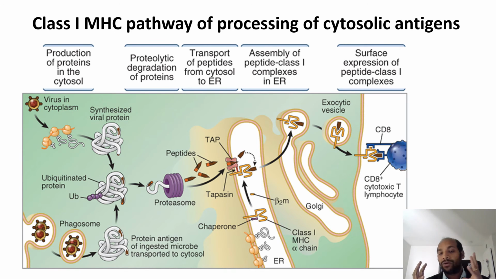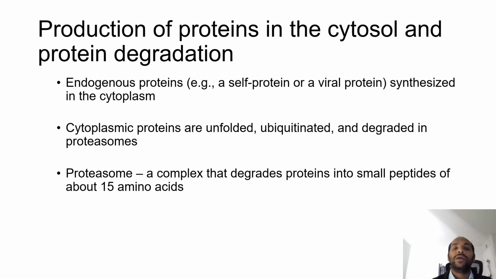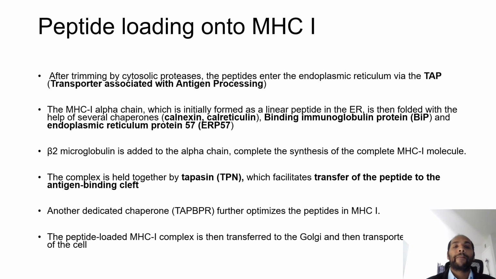Once the complex is formed, it is transferred to the Golgi and further transferred to the plasma membrane, so that the T cell can recognize it. These are the different steps included in the process.